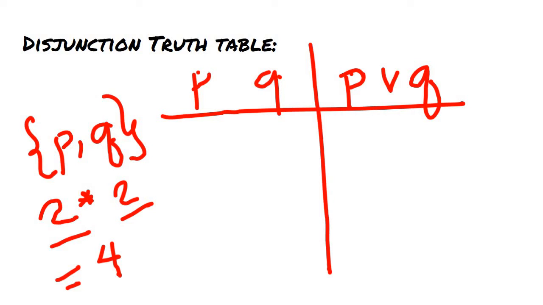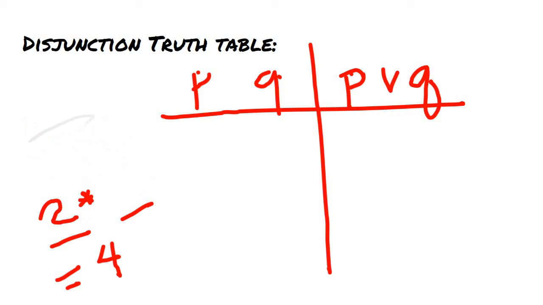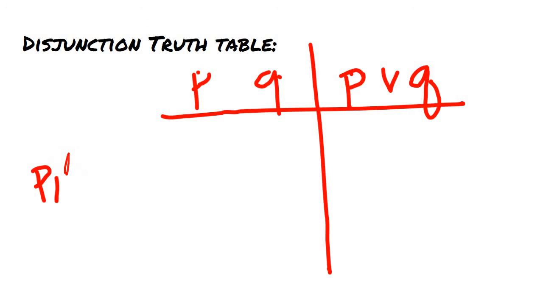We could extend this further to many variables. Say there are P, Q, R up to n variables.